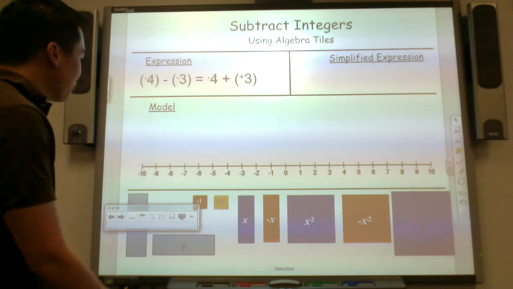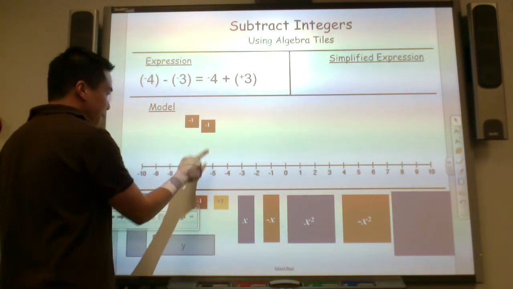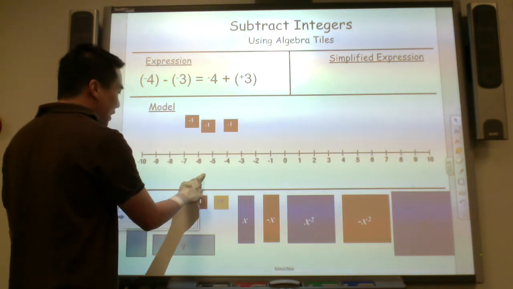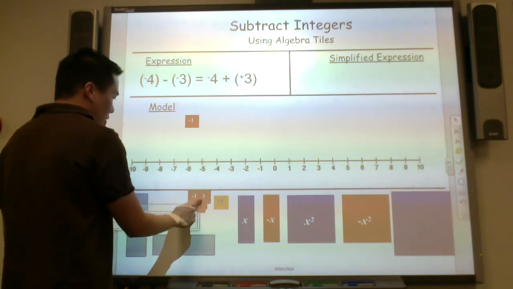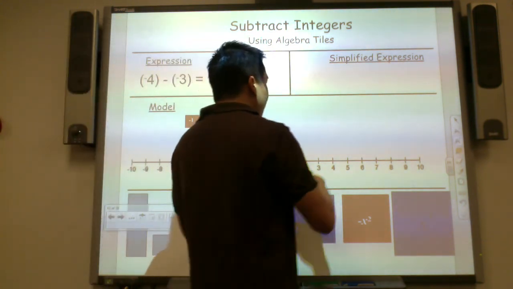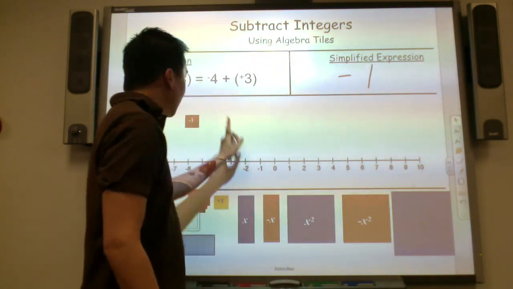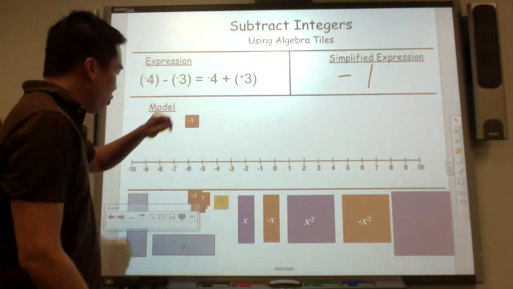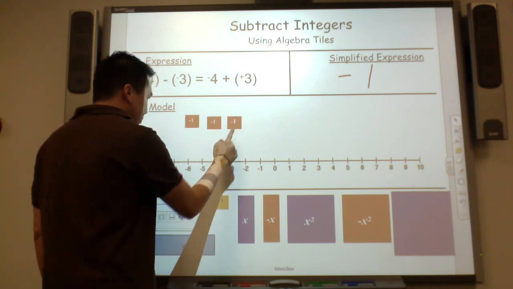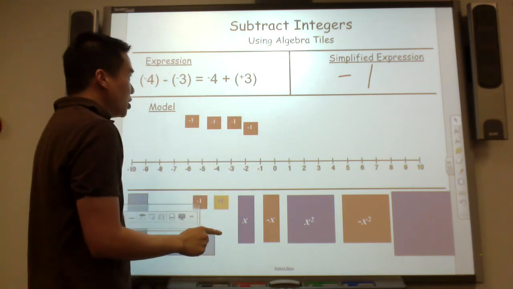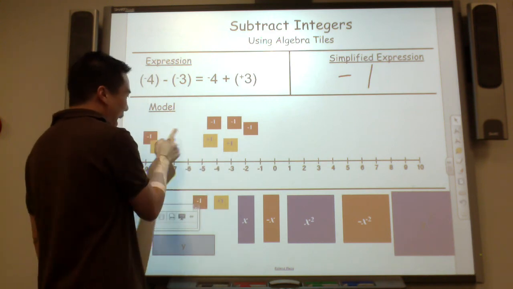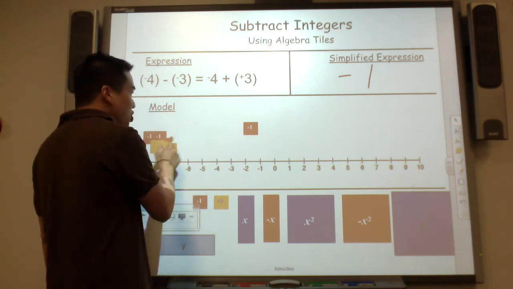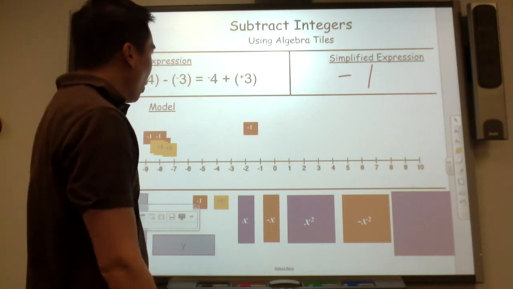Let's look at the next example. You have 4 negatives. You're going to take away 3 of the negatives. What do you have left? Negative 1. Let's look at our second expression. You have 4 negatives. You put 3 positives. These zero out. And you also get negative 1.